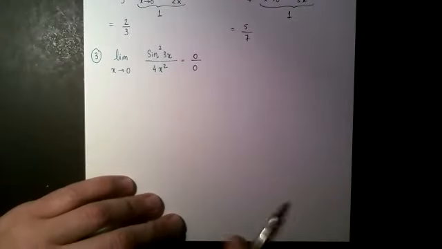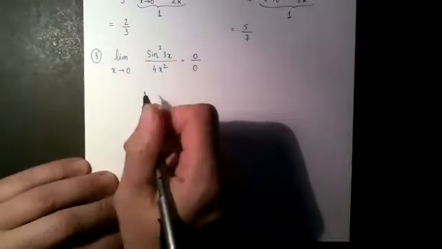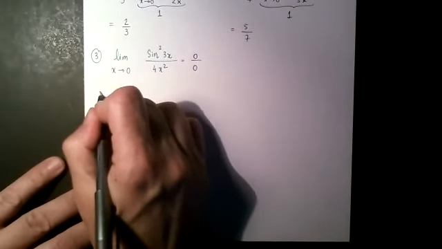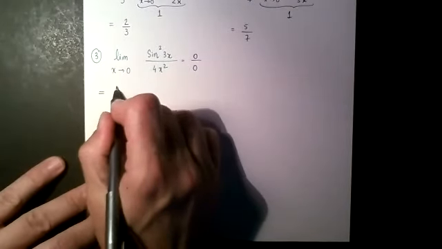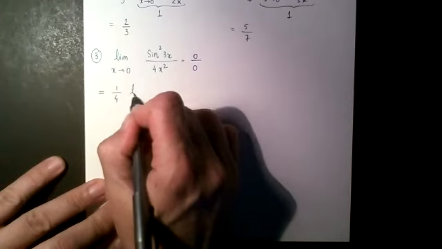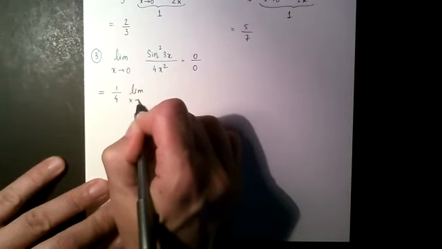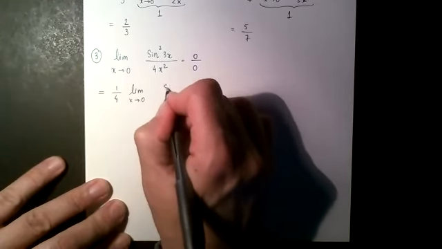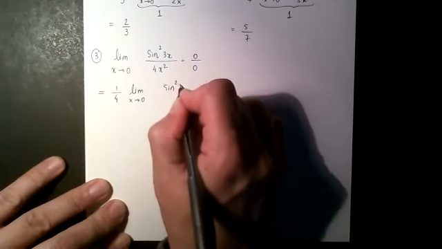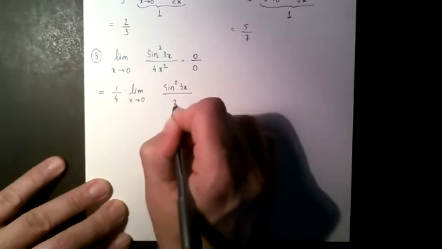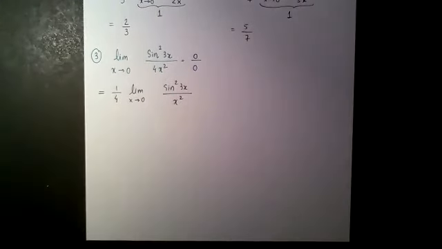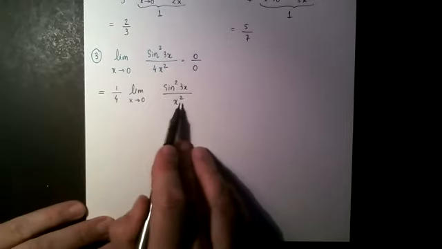So now you have to be careful here. I'm going to pull out, as usual, a quarter, like before. Nobody stops me from doing this. And now I have sine squared of 3x over x squared. So far so good? Now I have the square that's bothering me.